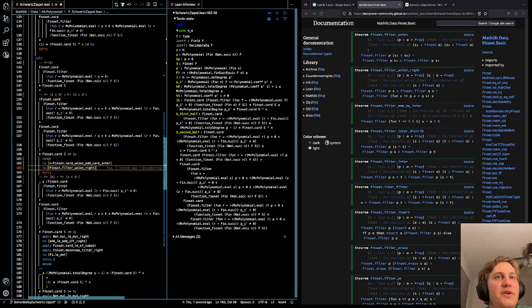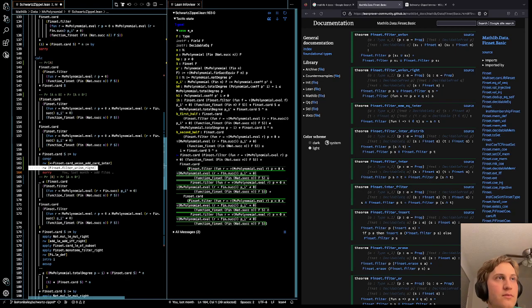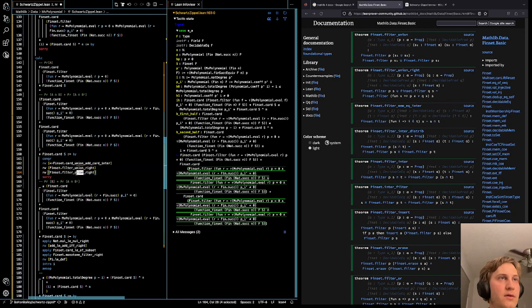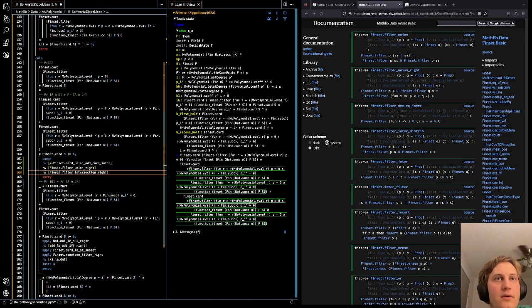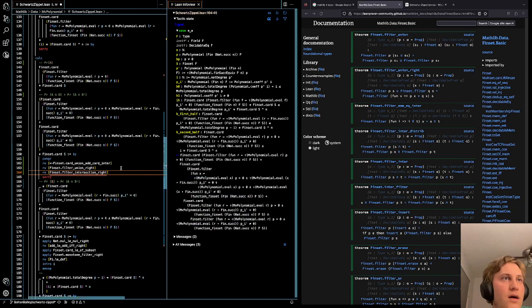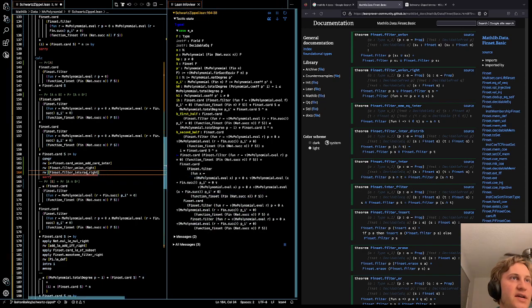Okay, so filter union right. That worked. Filter intersection right is something that I also want to do. Inter without the section.